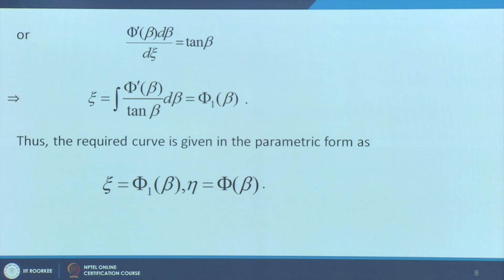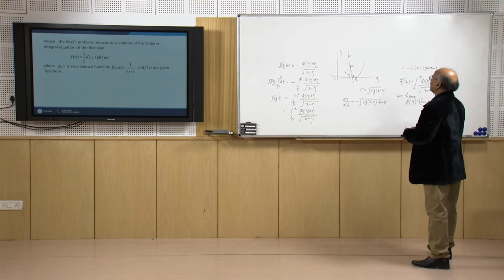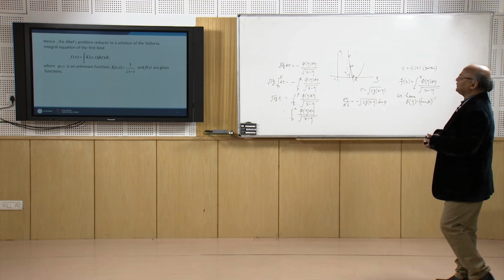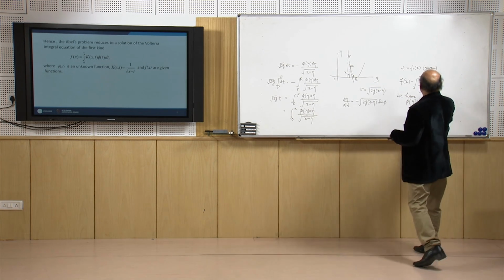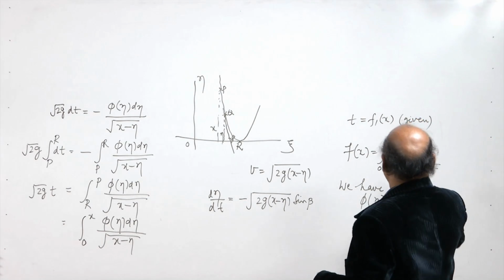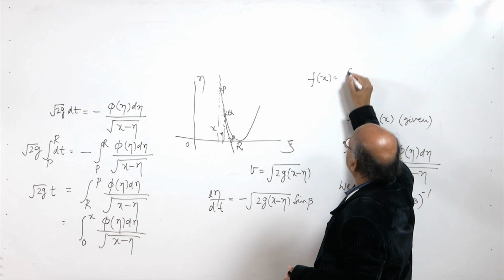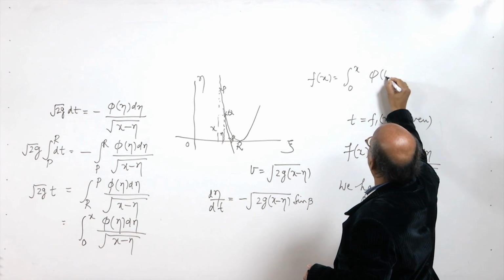Now Abel's problem, where we are finding the curve followed by the particle, can be expressed in the standard form, where we define 1 over under root x minus t, so f(x) equal to integral 0 to x of phi(t) dt in the parameter t.